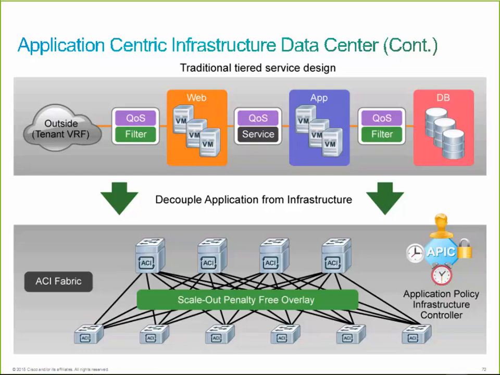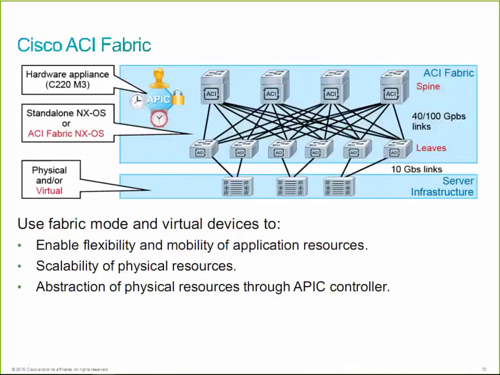So we're going to look at the ACI Fabric, this spine and leaf topology, and see how that changes the communication model that we would typically see in a data center. So we'll take a look at that here on this slide. Now, you mentioned this before, this spine and leaf topology.